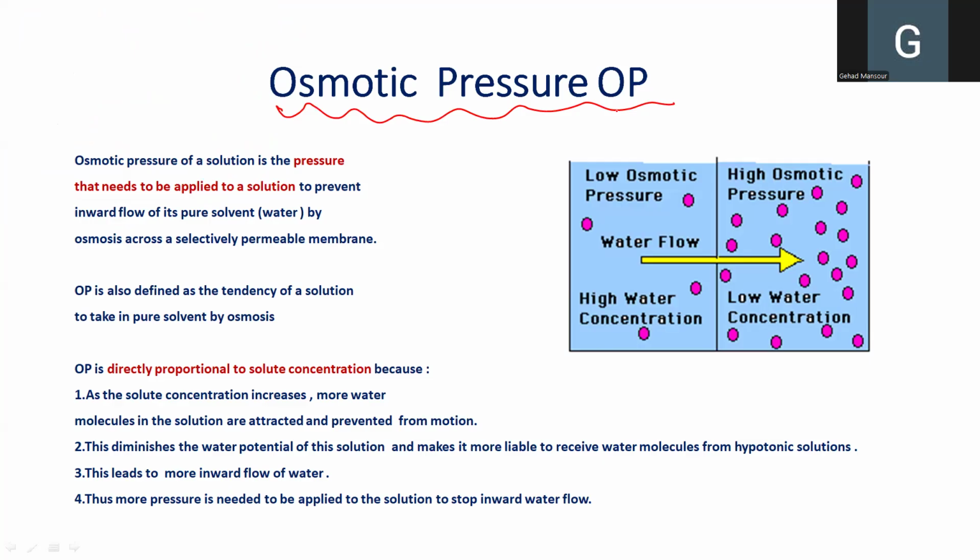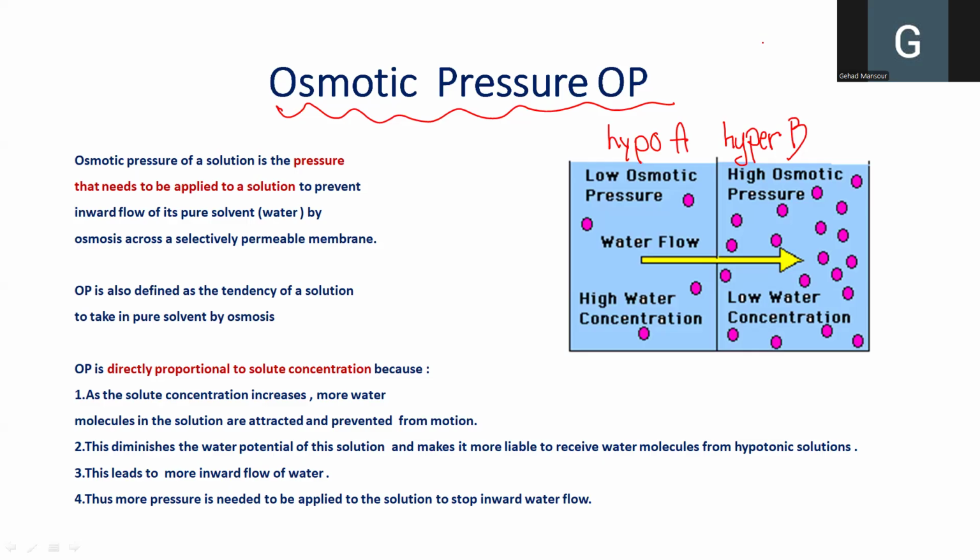What is osmotic pressure? We've said before that if we have here a hypotonic solution A, and there on the other side of the semi-permeable membrane, we have another hypertonic solution B, then definitely solution A has a higher water concentration, solution A is hypotonic, and water will pass from the higher water potential to the lower water potential.